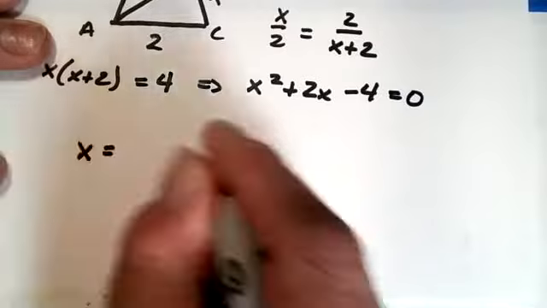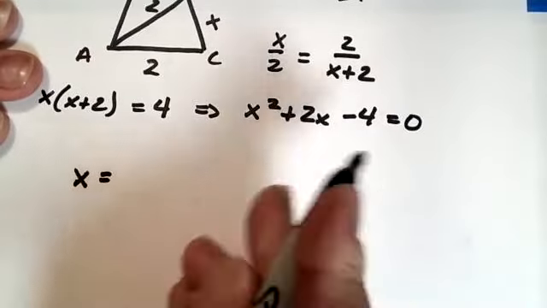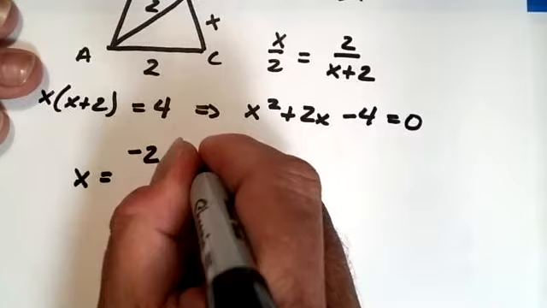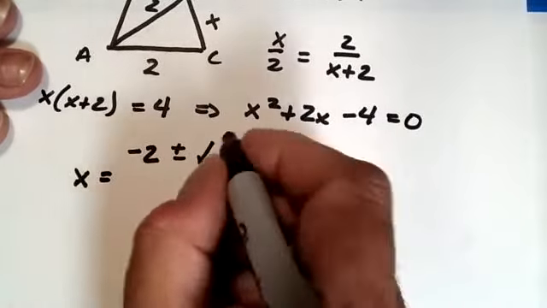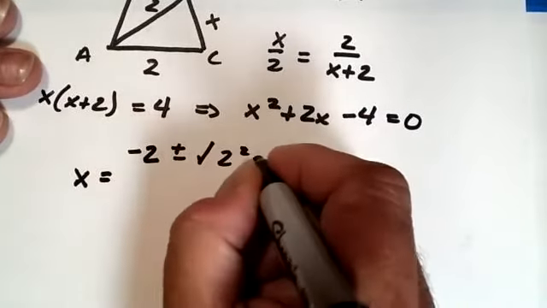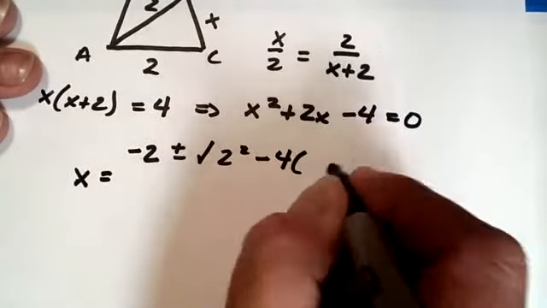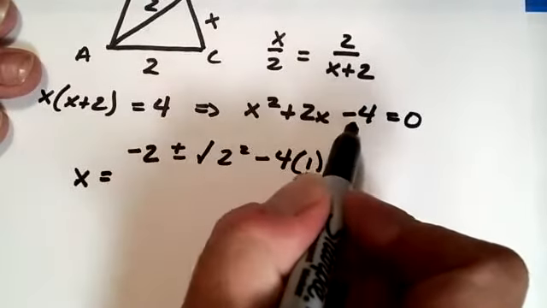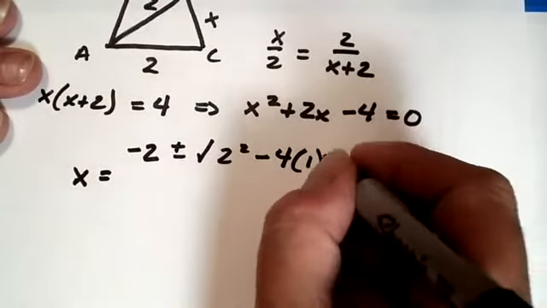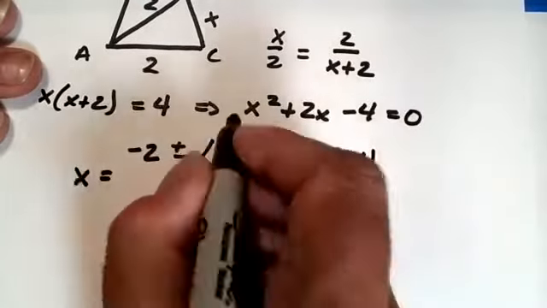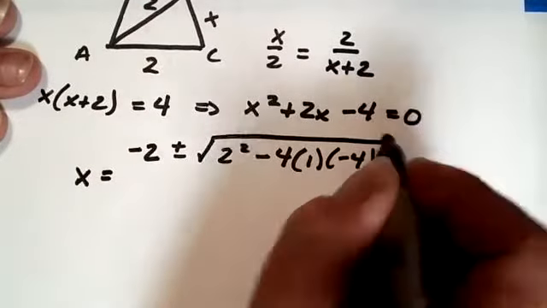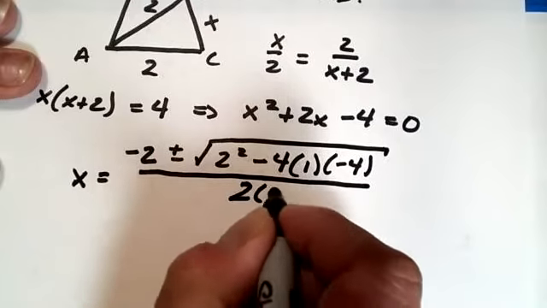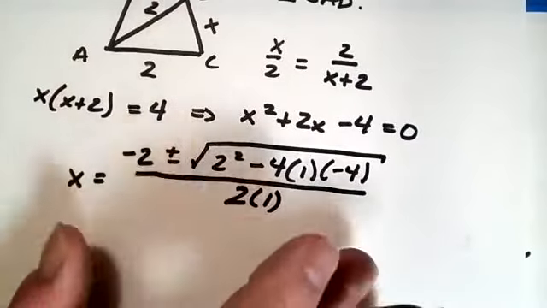X is equal to negative b, which is minus 2, plus or minus the square root of b squared minus 4 times a, which is 1, times c, which is negative 4. And then the whole thing is over 2 times 1, or 2 times a.